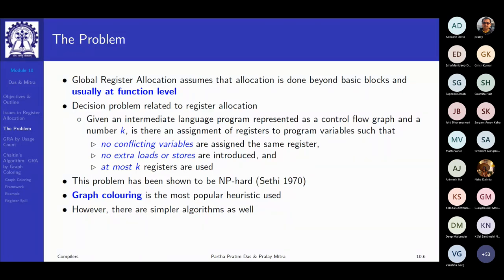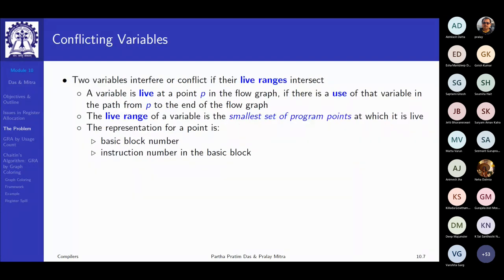Now, formally stating about conflicting variables, two variables interfere or conflict if their live ranges intersect. We had illustrated live ranges earlier. Just to recapitulate, a variable is live at a point P in the flow graph if there is a use of that variable in a path from P to the end of the flow graph.